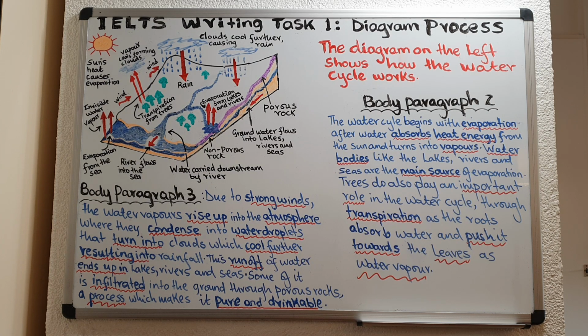Now, if you're interested in knowing how to write a report based on the rest of them, a bar chart, a line graph, a pie chart, a table, a map, have a look at my playlist on writing task 1 and you will find an essay that I have written about each one of those charts.